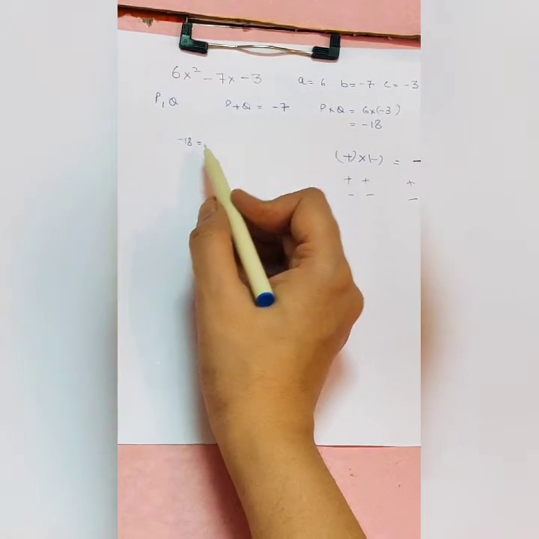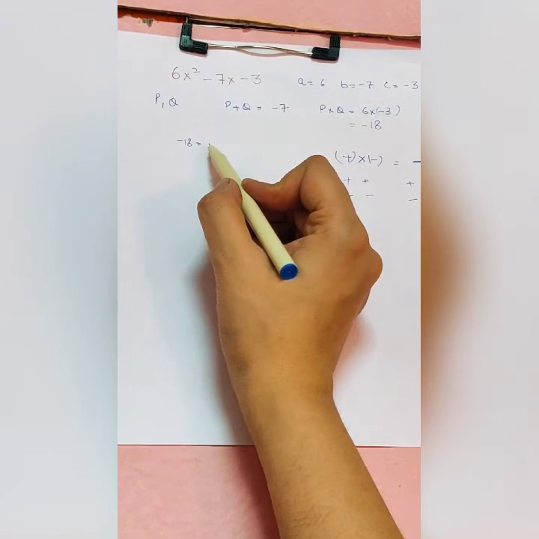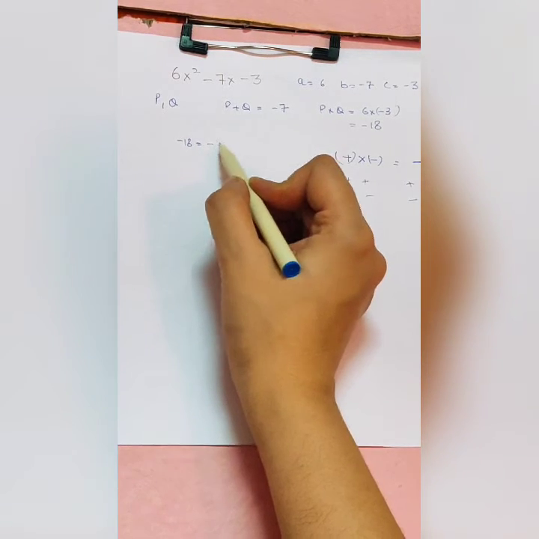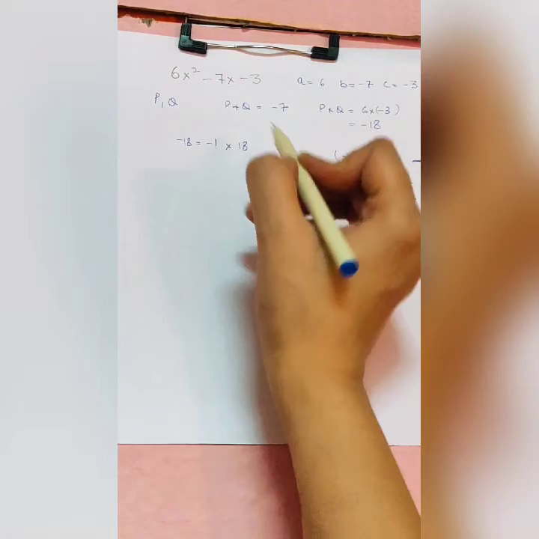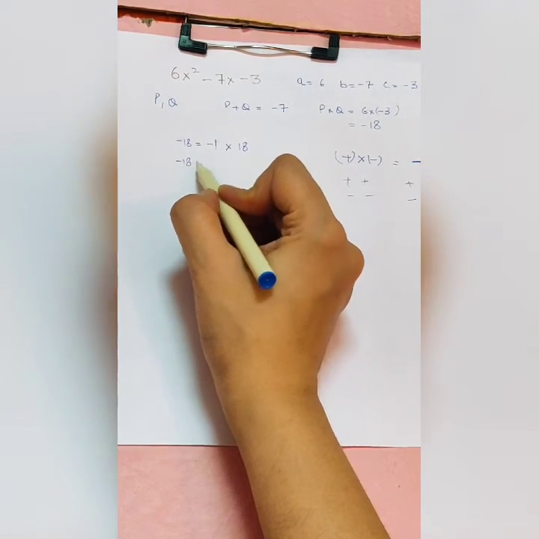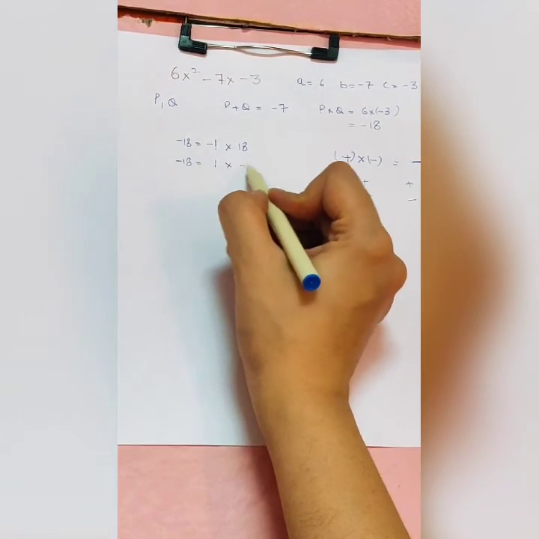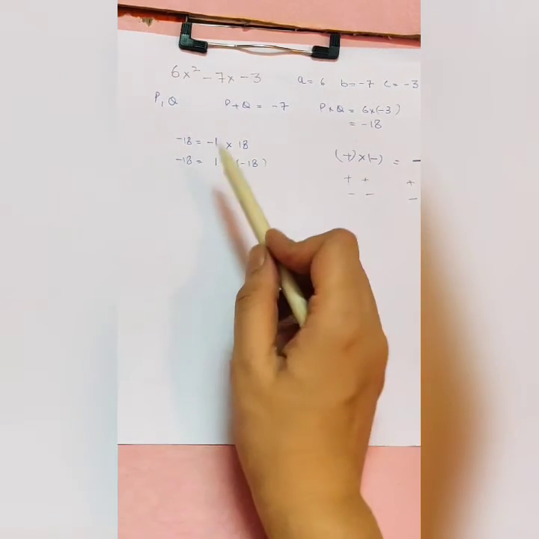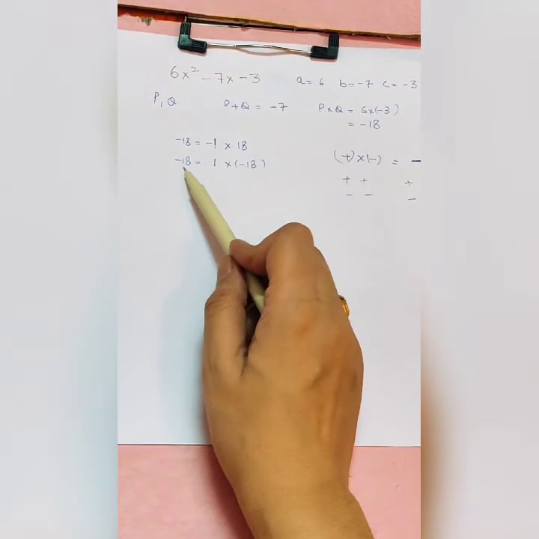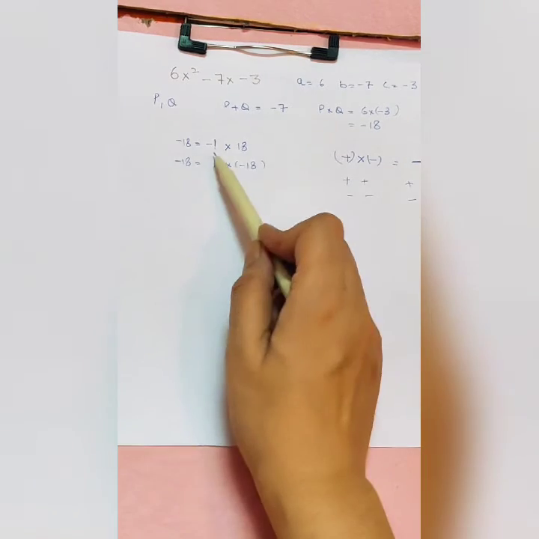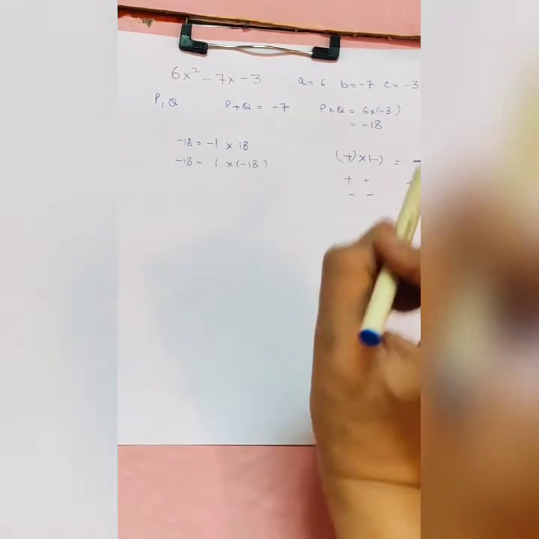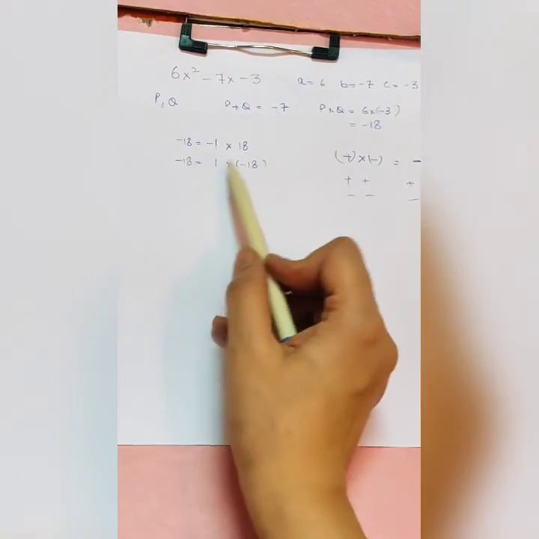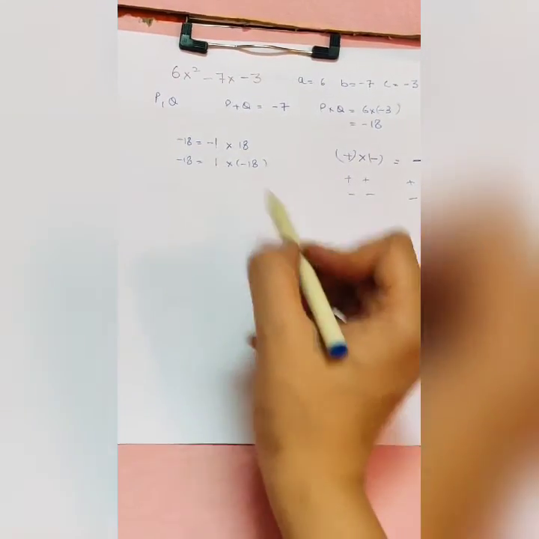Minus 18 is minus 1 into 18 or 1 into minus 18. If both of them are positive, we will not get minus 18, we will get 18. If both of them are negative, then also the negatives will cancel, we will get 18. So to get minus 18, one should be negative.